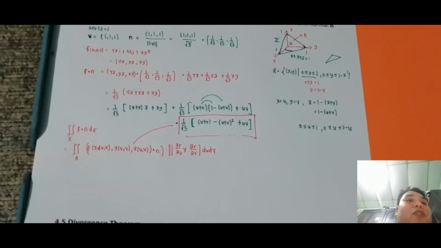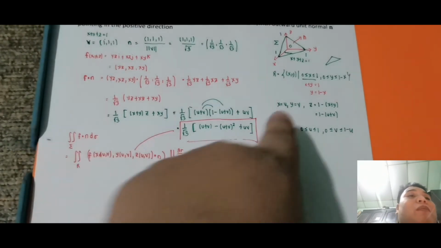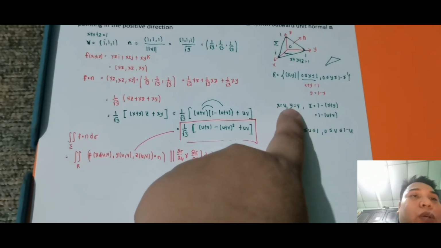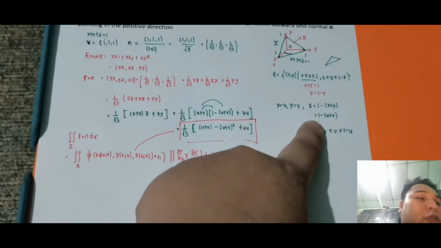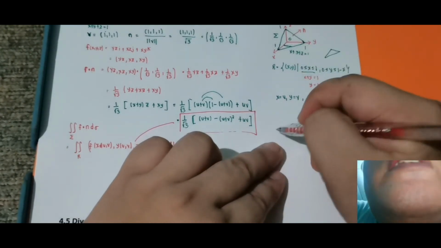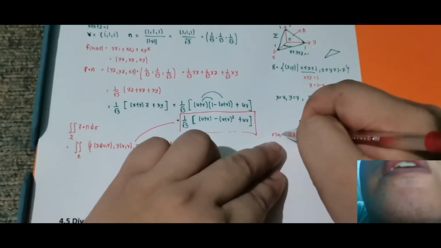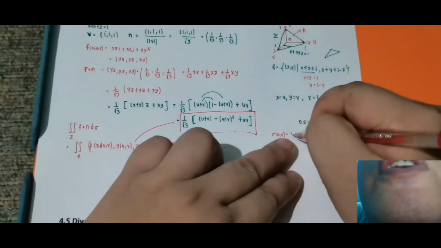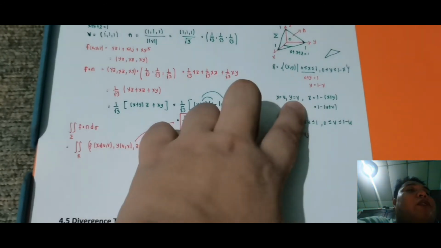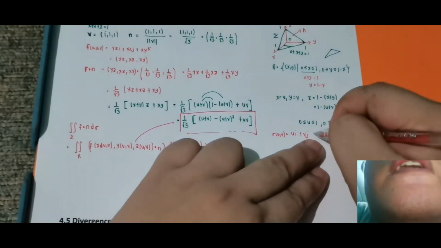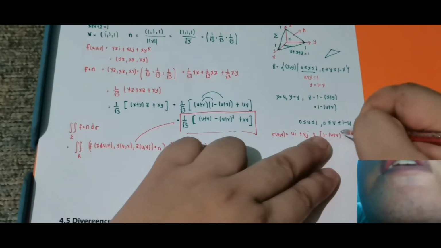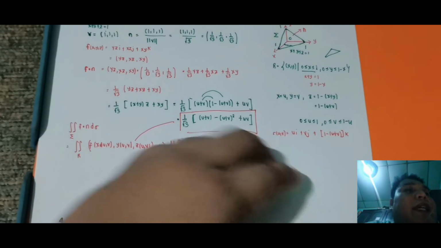Since ito yung u, b, ito yung x of u comma b, y of u comma b, and z of u comma b. So yung position vector is r of u comma b is just equal lang sa ui plus bj. Tama, kasi b lang yun. Then plus 1 minus u plus b, tapos ito ay k.